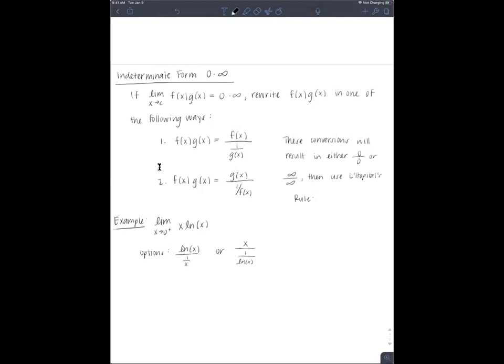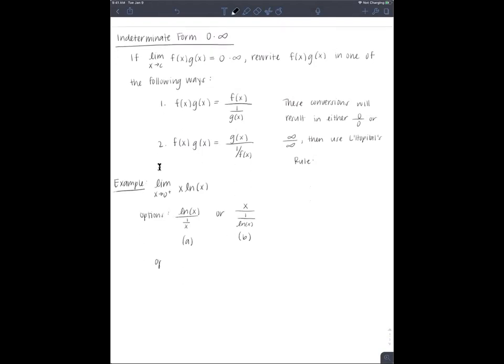I'll call these case A and case B. Which one looks nicer for taking the derivative of both pieces? Definitely A, because if I look at B, I'd have to differentiate 1 over ln of x, and that's going to get really messy because I'd probably have to use the quotient rule. So it would just be easier to go with option A. Option A is easier to differentiate, so I'm going to use that one.